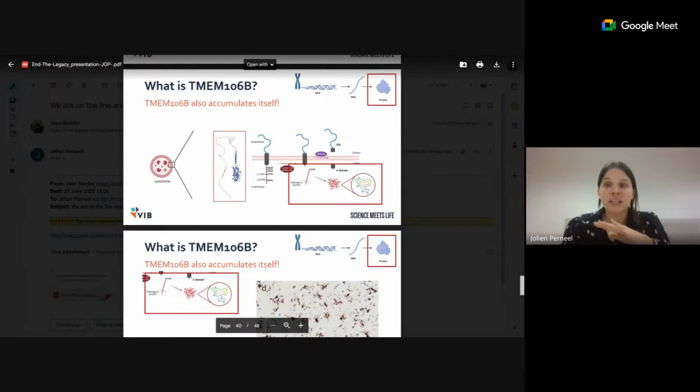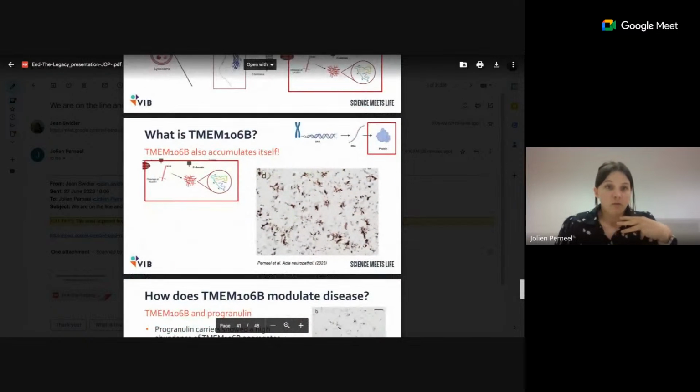They found this tiny piece of TMEM106B that you can see on the slide, and it aggregates in these forms that you can see below on the right. So TMEM106B is not only important for clearing out aggregated proteins, it actually also accumulates itself.